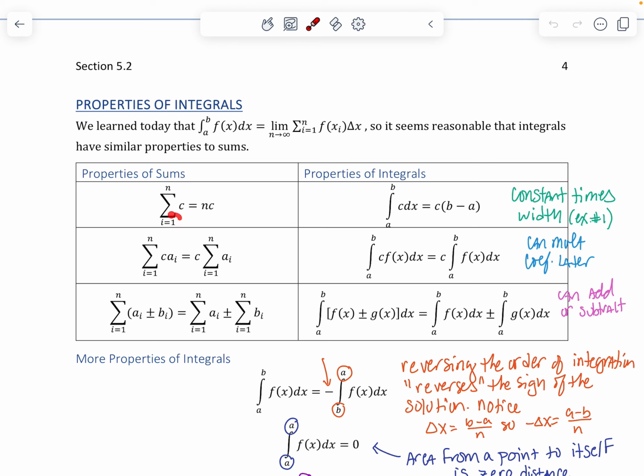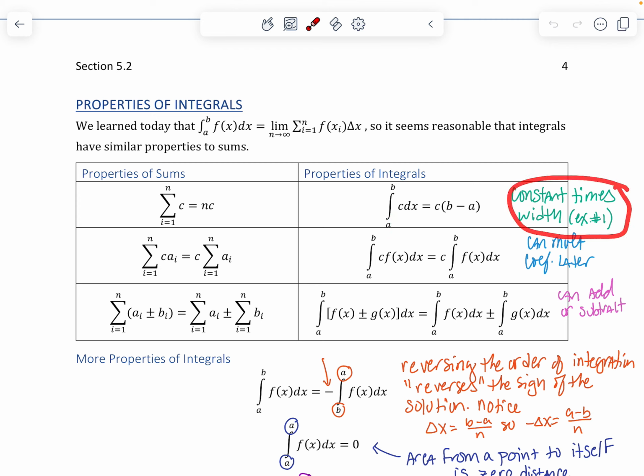Going back to the very first one, we had said if you were ever adding up just the number 5 from 1 to 10, then it's 5 plus 5 plus 5, 10 times. So because it's 10 times, we multiplied by how many times we added that number to itself. Well, the same sort of thing is happening here. If you were integrating from a to b just a constant, notice we're taking the derivative of x, and there is no x in our integral, then basically we're just finding the area of that between a and b.